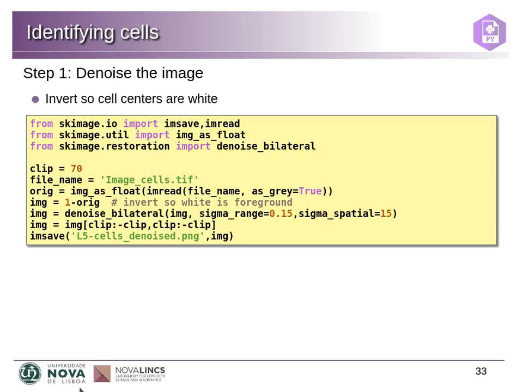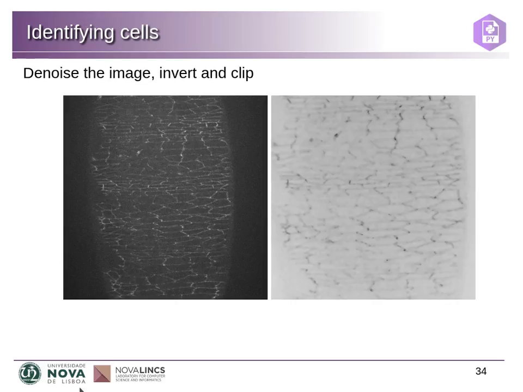So we're basically averaging around each pixel and changing slightly the value of the pixel depending on the average, to reduce a bit the noise in the image. And then we're going to cut out parts of the image, keeping a frame here, and save that file. So this is what we get in the beginning, this is what we get at the end. You cannot see this very well here in the projection, but we have inverted the image, and now the cell membranes, the cell walls, are in black.